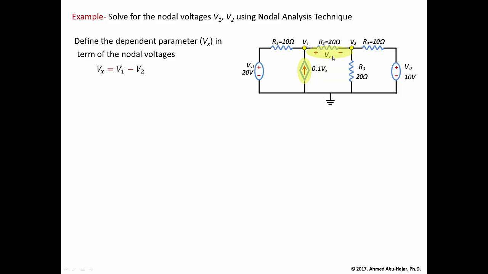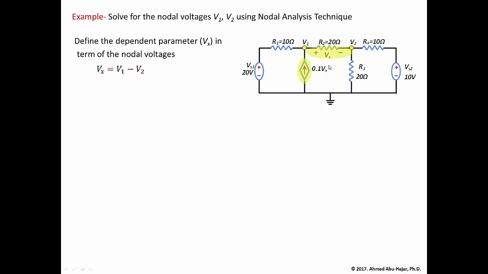The voltage across the 20 ohm resistor, as defined in terms of Vx, is going to be the voltage at this node minus the voltage at that node. And this basically is by KVL, right? So if you say minus V1 plus Vx plus V2 equals 0, solve for Vx, you get that. So we can define the voltage across this resistor in terms of the nodal voltages.